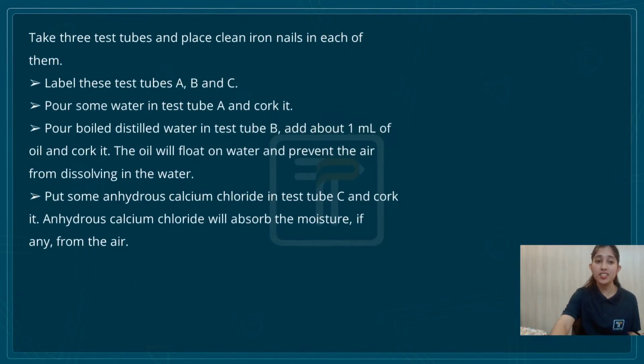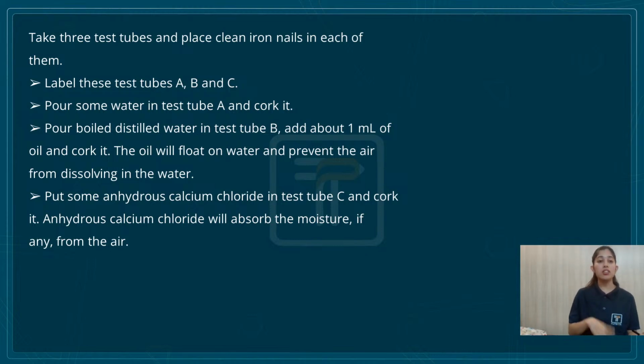We need to take 3 test tubes. Why am I taking 3 test tubes? Because I want to demonstrate this activity through 3 conditions. If the question is asking to demonstrate the activity, please specify each and every step, right?